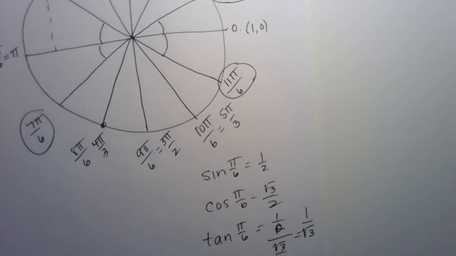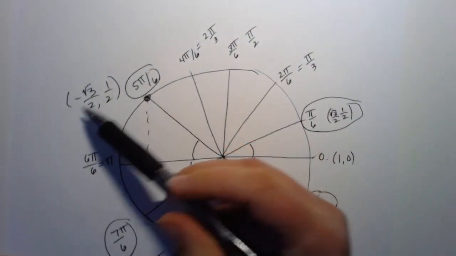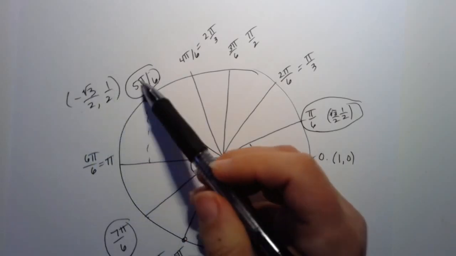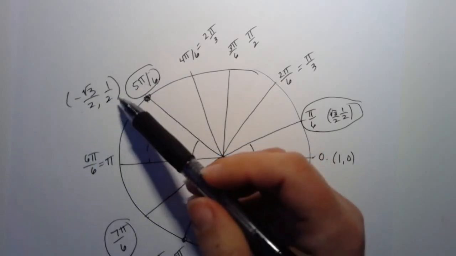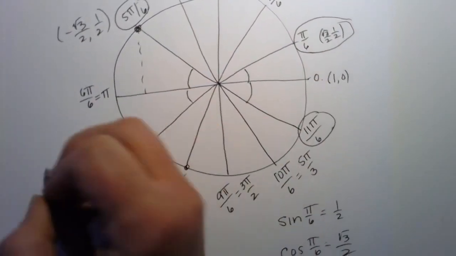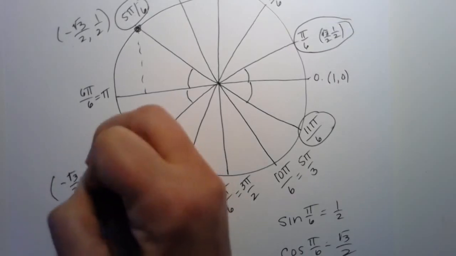Okay? All right, so then over here, that would mean that the cosine of 5 pi over 6 would be negative square root of 3 over 2. My sine of 5 pi over 6 would be 1/2. Then down here in the third quadrant, they would both be negative. So the point that goes with this is negative square root of 3 over 2, negative 1/2.